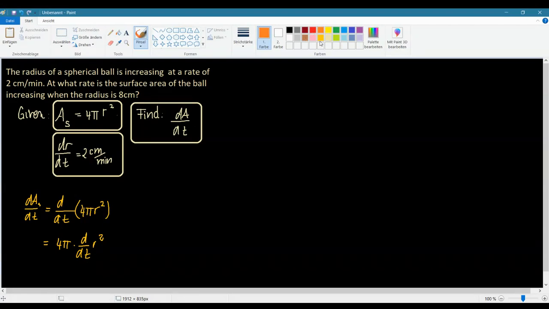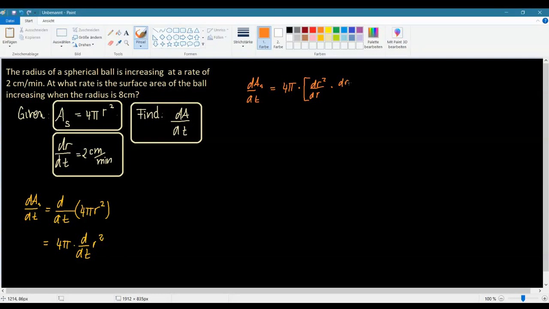So let's go over to the right side because I'm running out of space. We have dA by dt is 4 pi times, okay, now we're going to apply the chain rule. We're going to differentiate r squared with respect to r, and we're going to multiply it by the derivative of the inner function r, the change in r with respect to time.